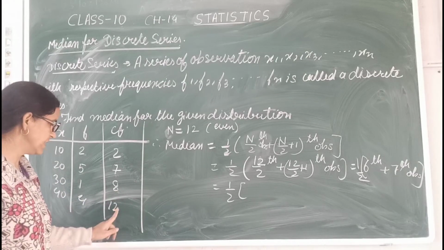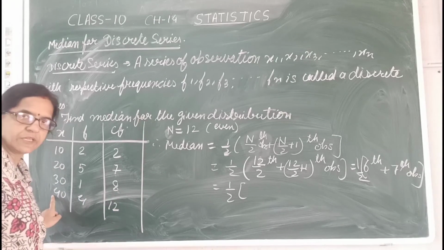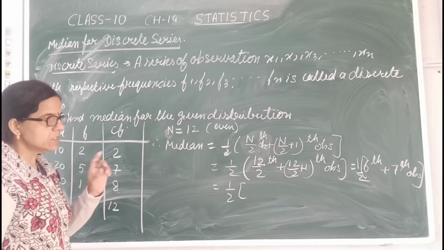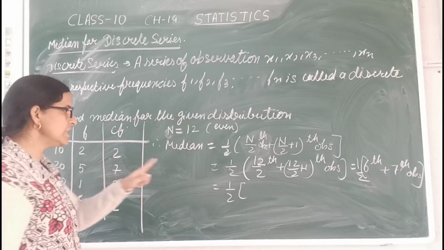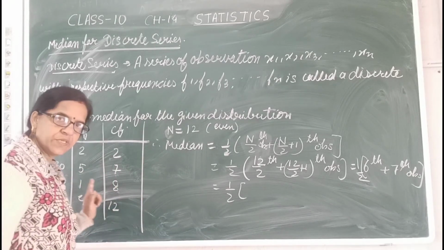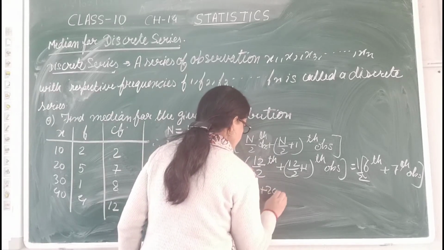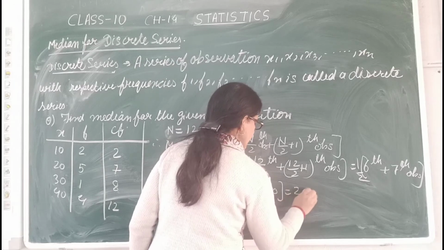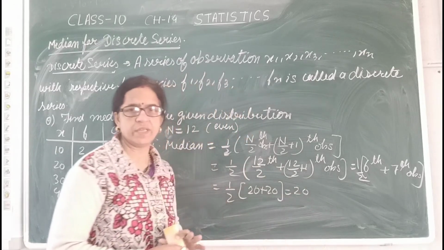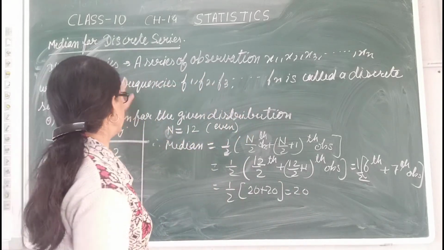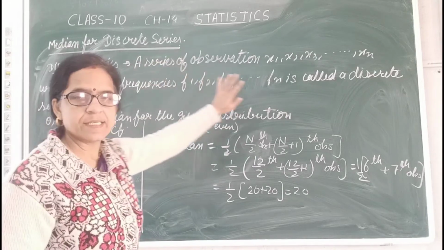From the 9th to 12th, all terms will be counting as 40 only. I think you understand my point. So the 6th term is also 20 and the 7th term is also 20 over here. So we will be writing half of 20 plus 20, that is equal to 20. So median is 20 over here. So this is the explanation for median for a discrete series.